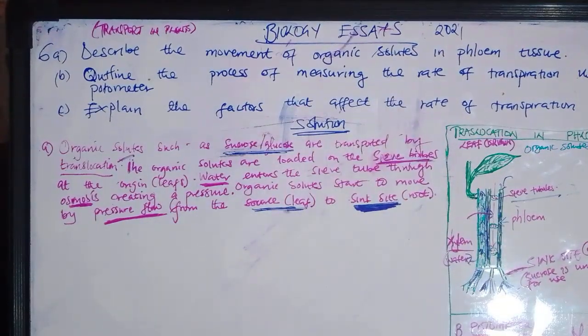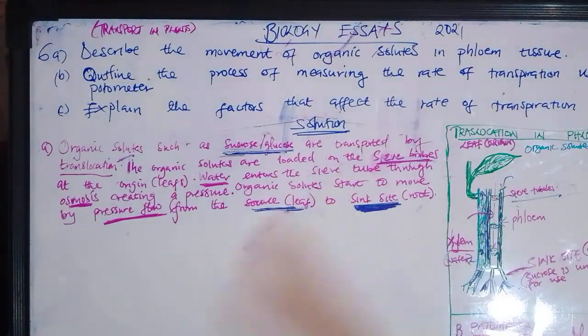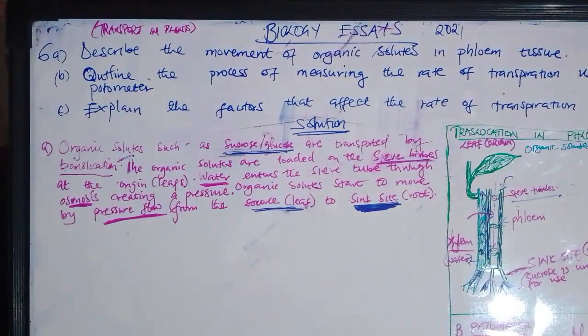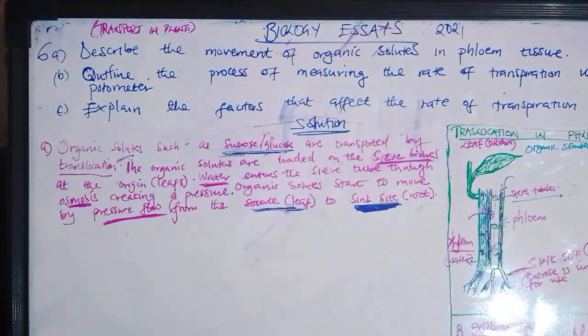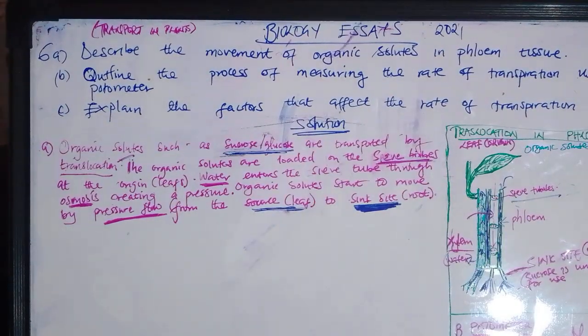The sieve tube. So now, what makes water to move? The same organic solute. So that's where now you say by creating what? A pressure flow. Then you tell them now this is how they move from the source of the leaf to sink side. Meaning you have solved your part A.